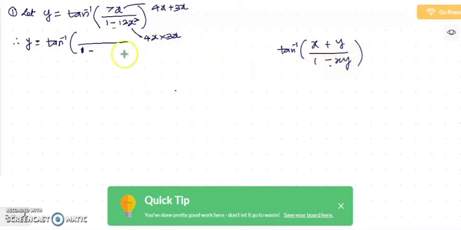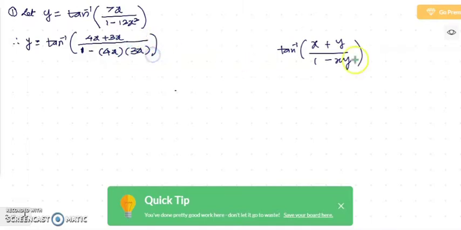So in this manner we can write this expression again as 7x written as 4x plus 3x divided by 1 minus 12x square written as 4x into 3x.